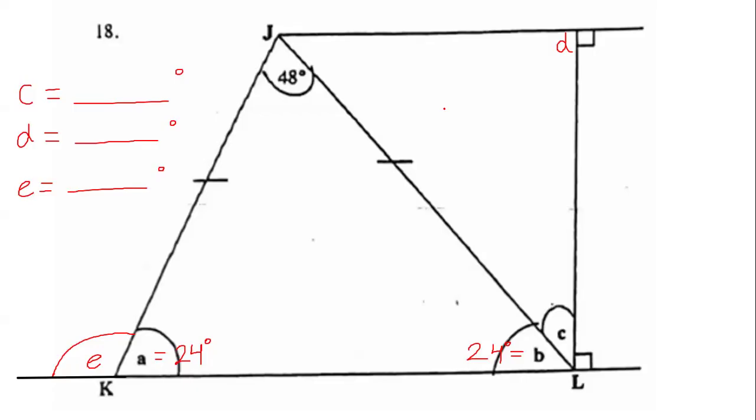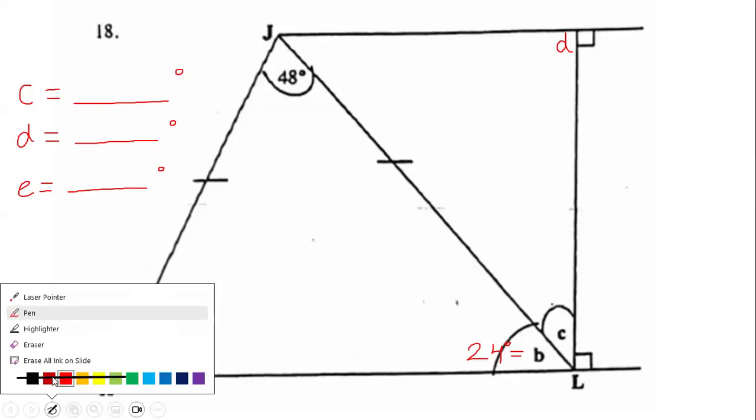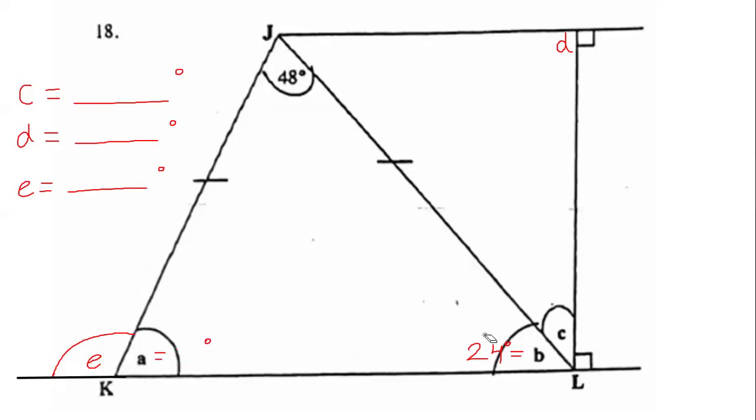Oh, wait, 1 second. 1 moment. Divided by 2. This is not right. It's not 24. That's impossible. It's 66. So change those values to 66.